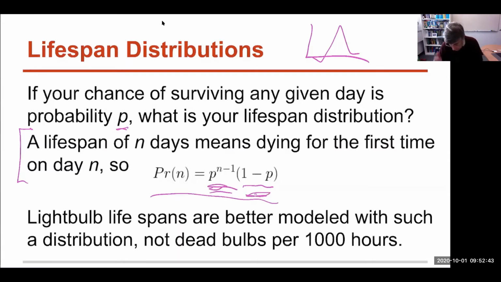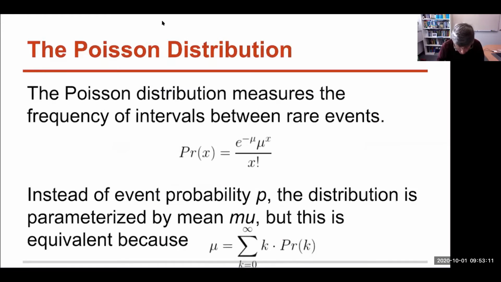And if we had a certain expected amount of time we leave a light bulb on, this probability P falls out naturally if we know how long on average you leave them on, and you know that the bulb is supposed to last 1,000 hours on average. So lifespan distributions are captured. Any questions about that?